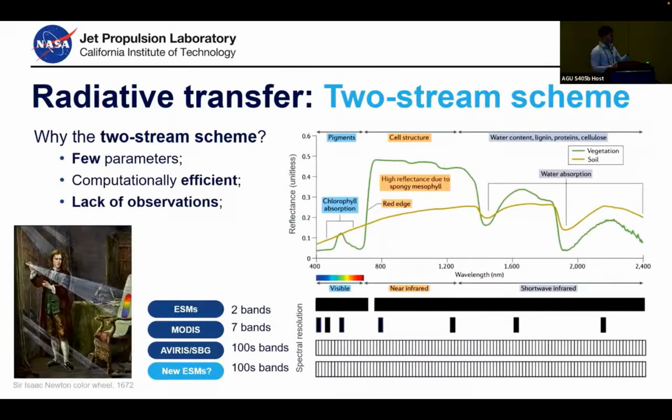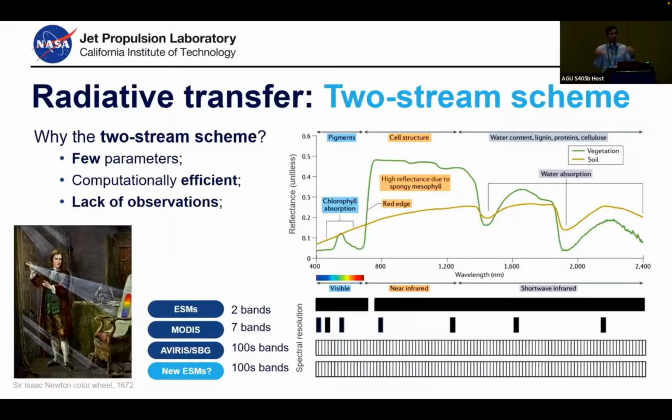As Tristan mentioned at the beginning, these Earth system models usually use the two-stream scheme in the land surface, or something related to the two-stream scheme. And why do we still use a model that was developed in the 80s? Well, one reason is that the model is computationally efficient.